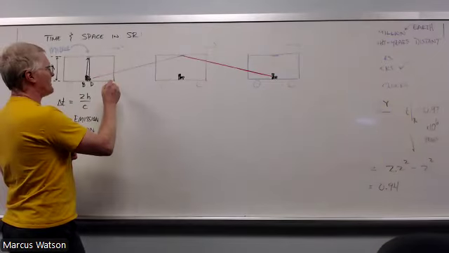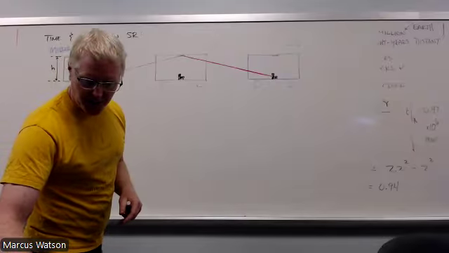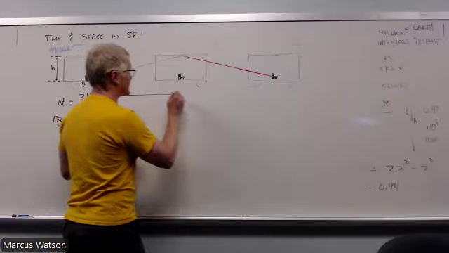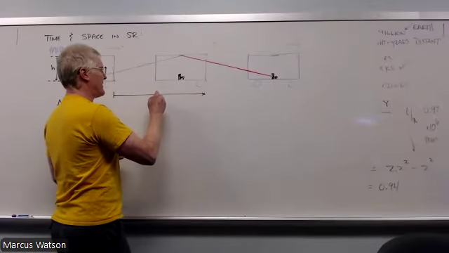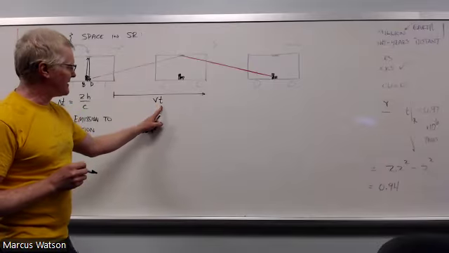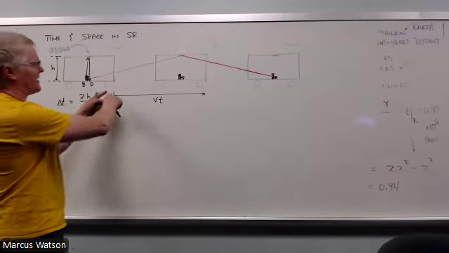If the train travels a certain distance in this time, so here's the train distance, it's traveling at some speed v, and it takes some time to get from here to here.